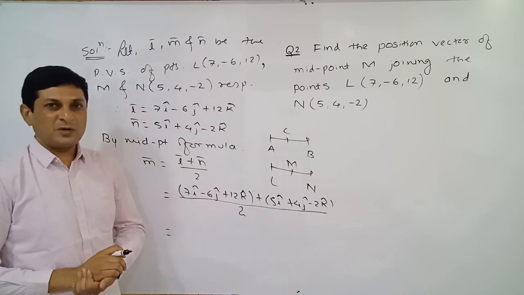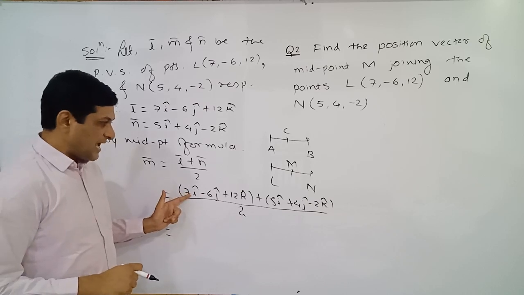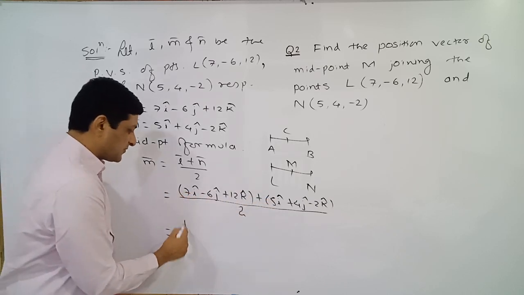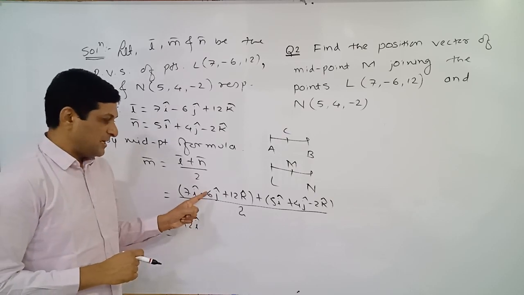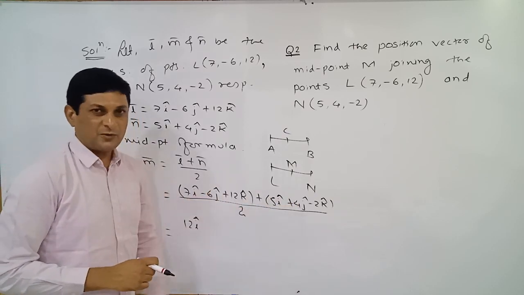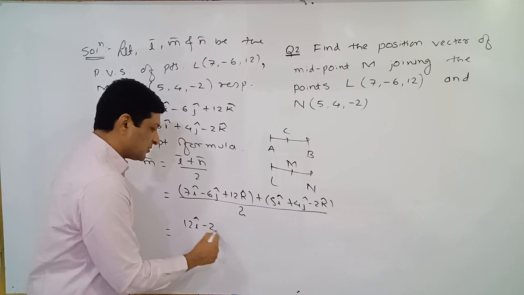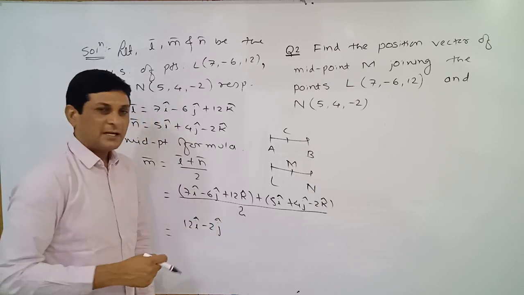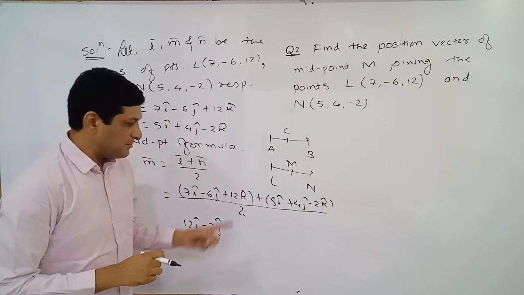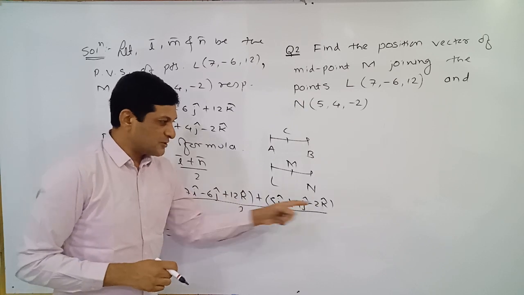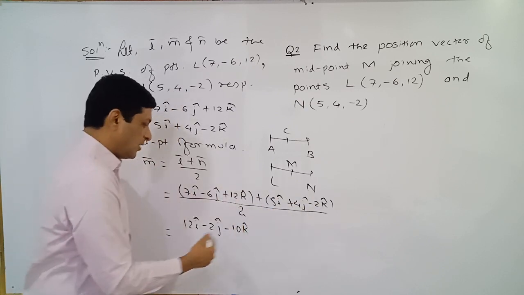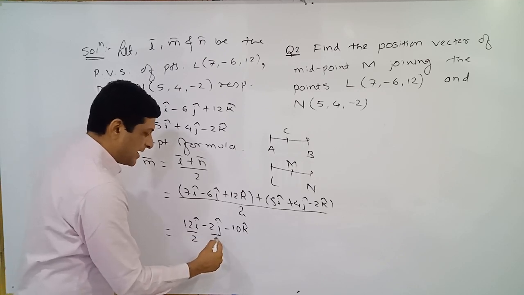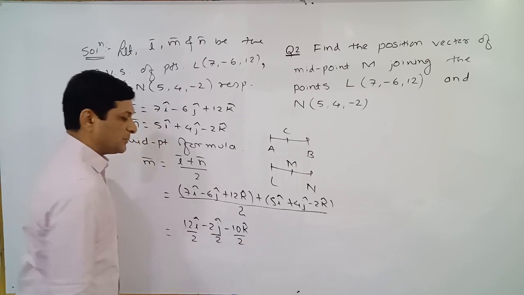First collect the terms of i cap: 7i plus 5i, 7 plus 5 becomes 12, so 12i cap. Now collect the terms of j cap: minus 6 plus 4 equals minus 2, so we get minus 2j cap. Lastly, collect the terms of k cap: 12 minus 2 equals 10k cap. And the denominator 2 stays as it is.